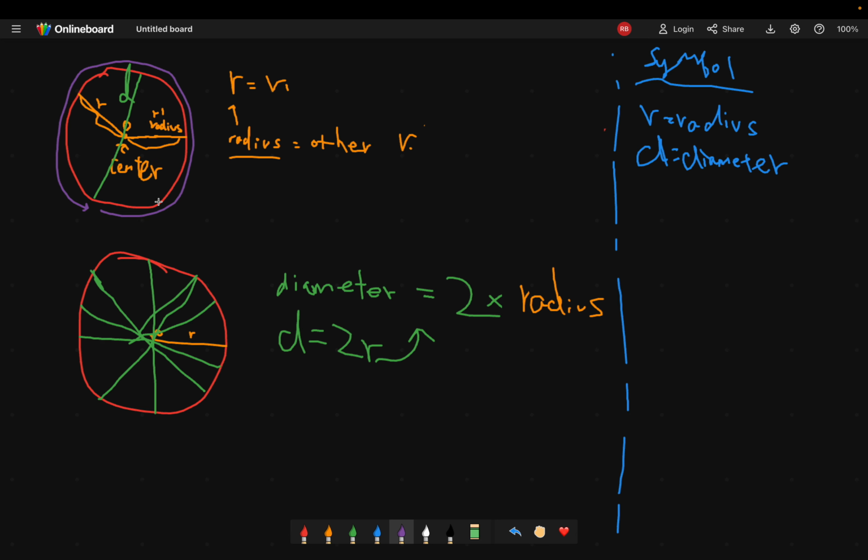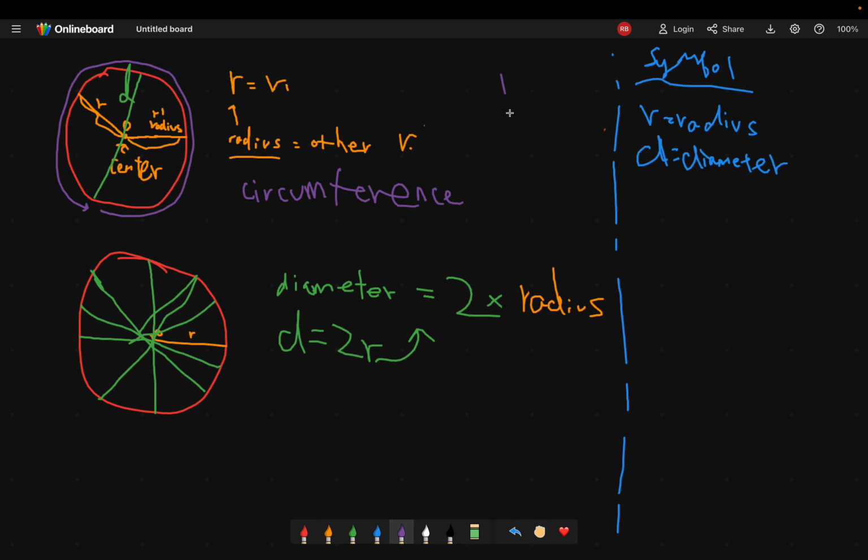Well, I told you before, I think. So this purple thing is going to be the circumference. Circumference basically means all around the circle, like the perimeter of the circle.